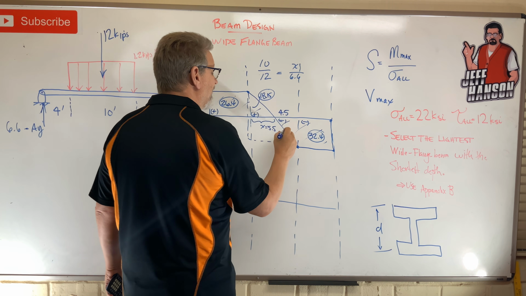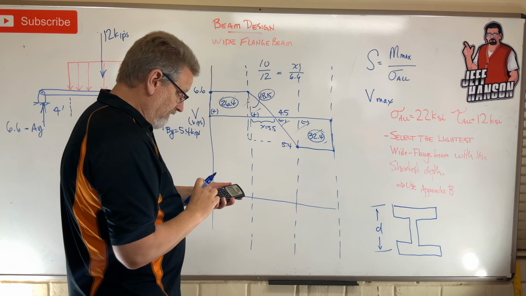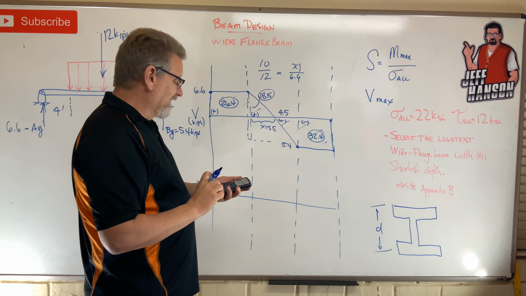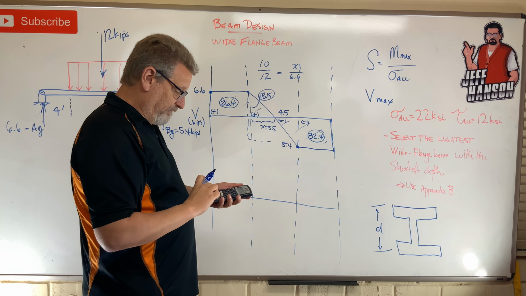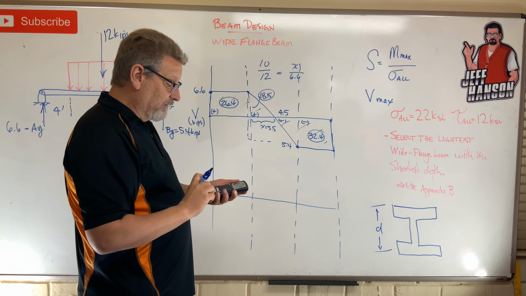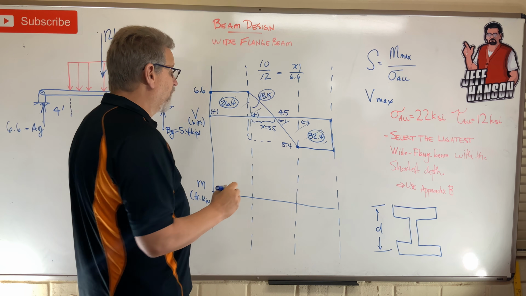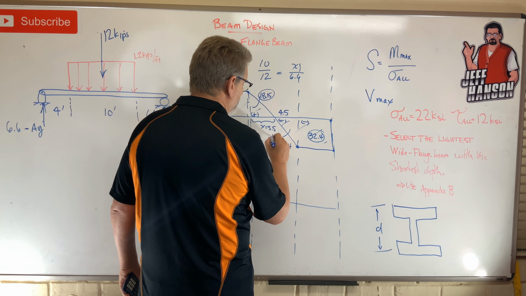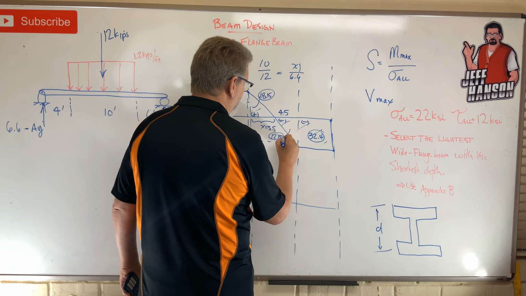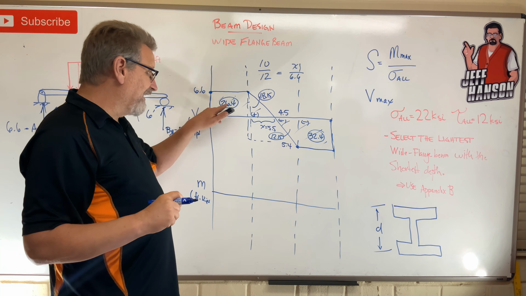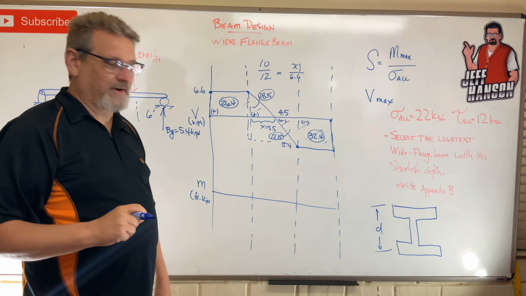And then this guy right here is 4.5 times 5.4 equals 24.3, divided by 2 equals 12.15. If you remember, we do these little areas because those areas are how big our moments are going to be down here.